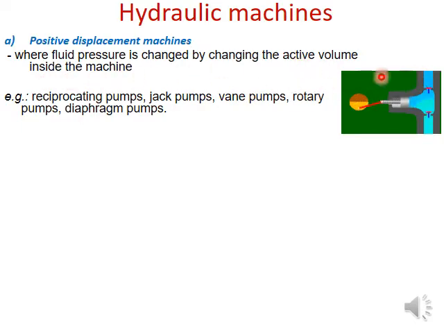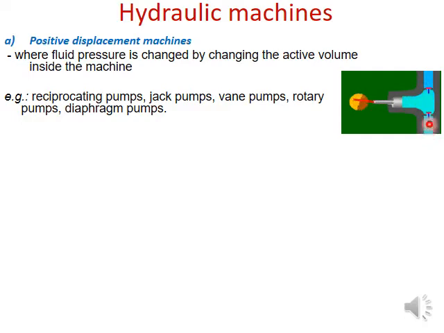Now this figure shows you a positive displacement type machine. What happens here? There is a piston. The active volume of the machine is here. You can see the active volume inside the machine is changed by the movement of this piston.